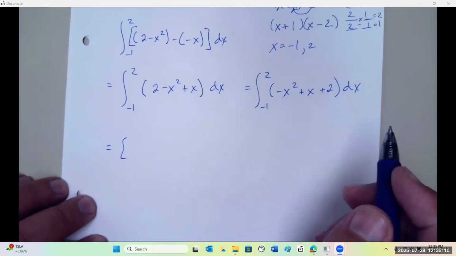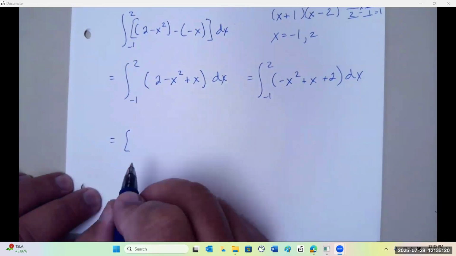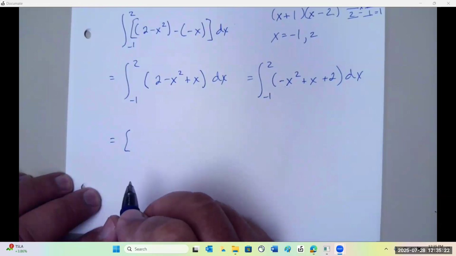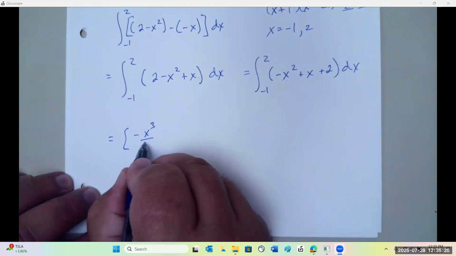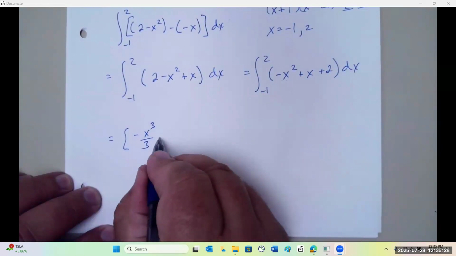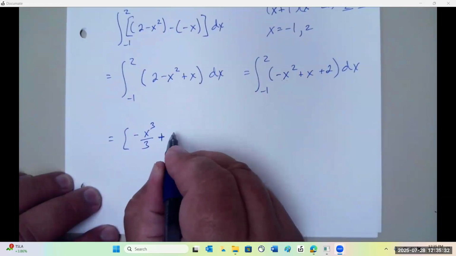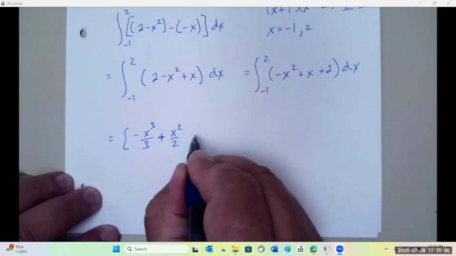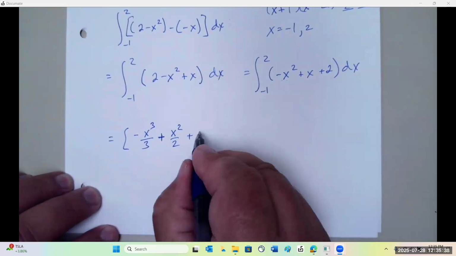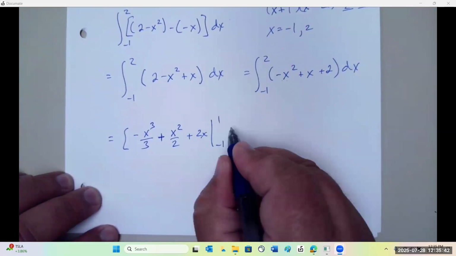The integral of negative x squared. Very good. The integral of x. Very good. And the integral of 2 is 2x. Very good. From negative 1 to 2.